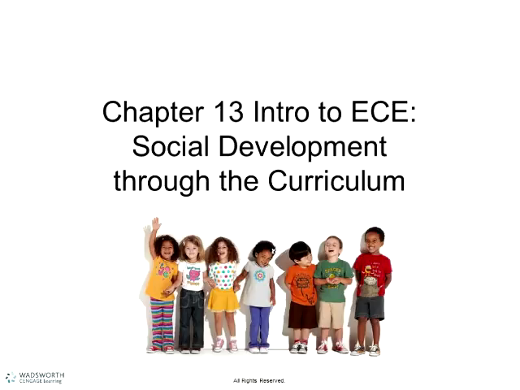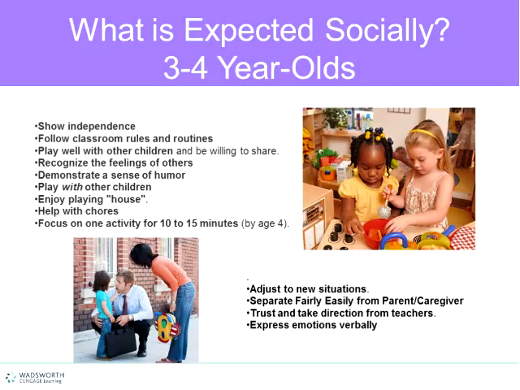So, social development. The first thing I wanted to talk about, because this is actually kind of a hard concept to grasp. There are things that we want our children to be able to do. And here's a few ideas of what should actually be expected for a child that's about 3 to 4 years old.